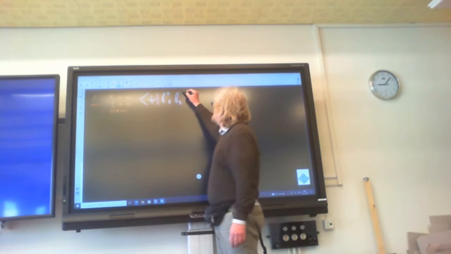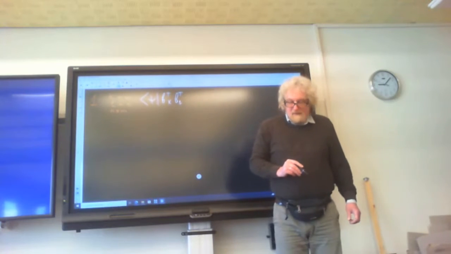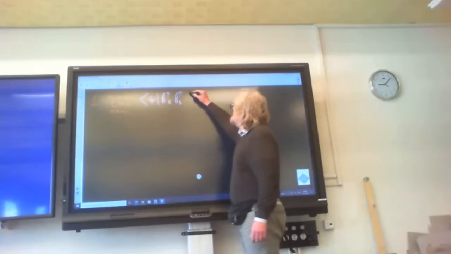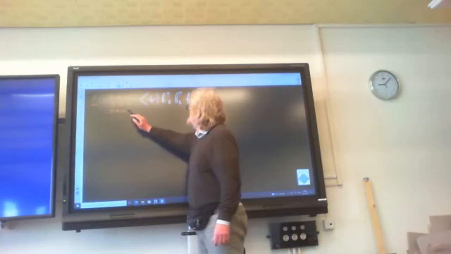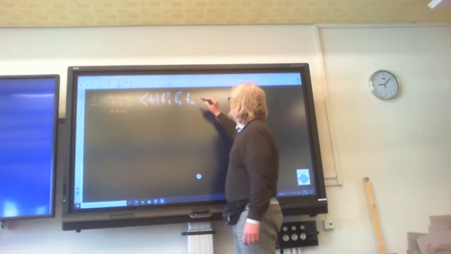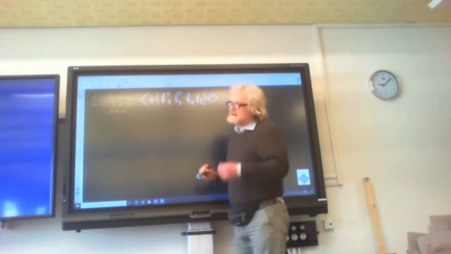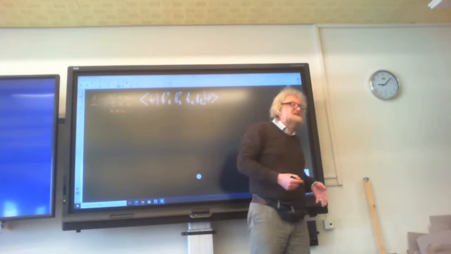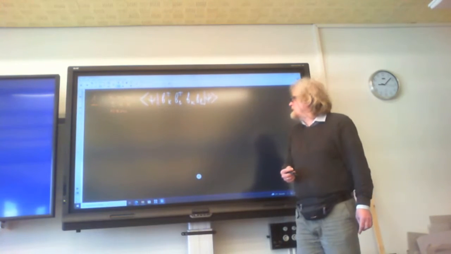The L. Fine, good. It's already a bit of a reduction, but we still have four operators, right? We still have to do something. Can we reduce it?